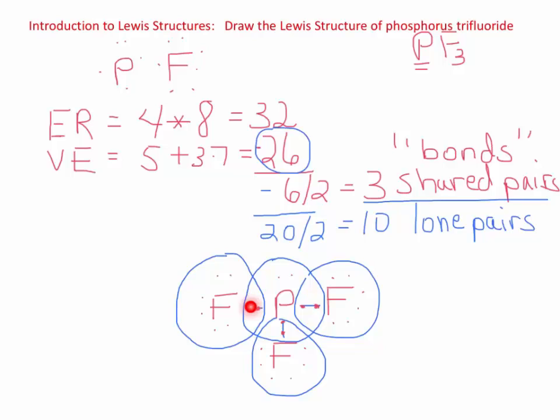We were supposed to use 26 electrons altogether. Did we? Let's check. 2, 4, 6, 8, 10, 12, 14, 16, 18, 20, 22, 24, 26. Yes, we used 26 electrons with 3 bonds to make this look like everybody had an octet.